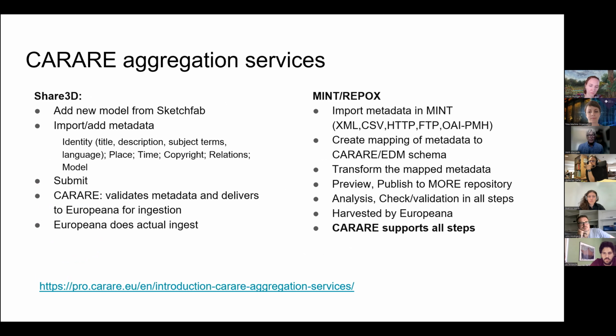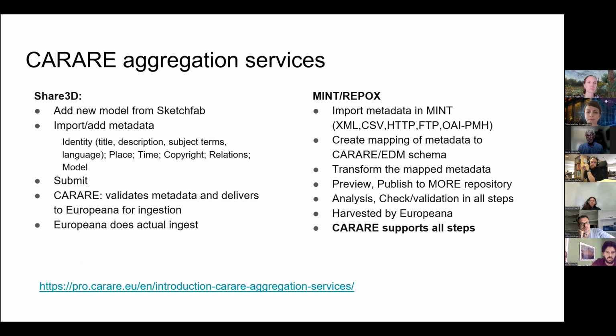If you look at Share 3D, I will show you a screen print later on. The process is relatively simple. You can add a new model from Sketchfab. That's a prerequisite. You need to have your model on Sketchfab.